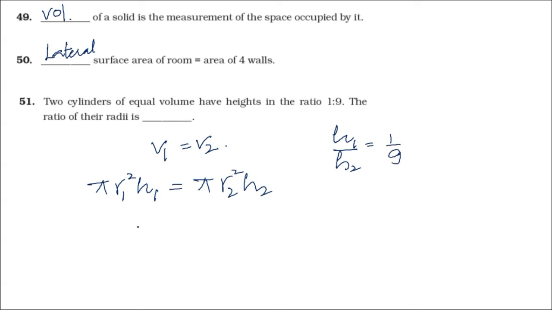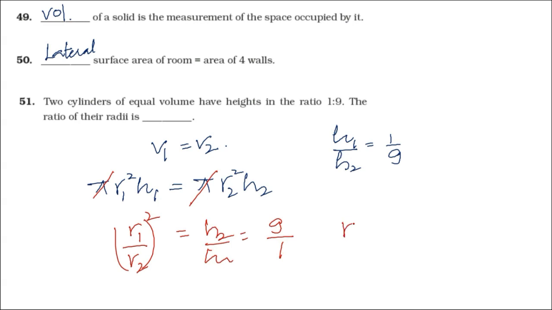So let me cancel out this pi. R1 by R2 whole square will be equal to H2 by H1, which is 9/1. So R1 by R2 will be equal to 3:1. The ratio is 3:1.